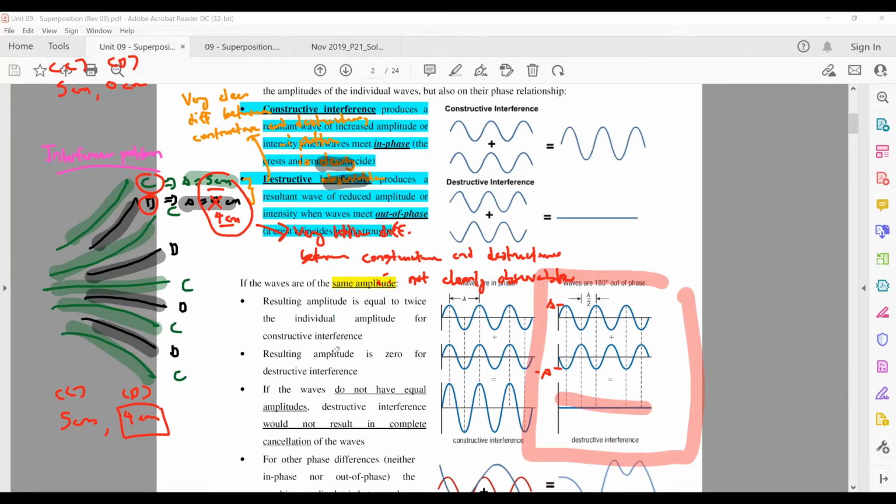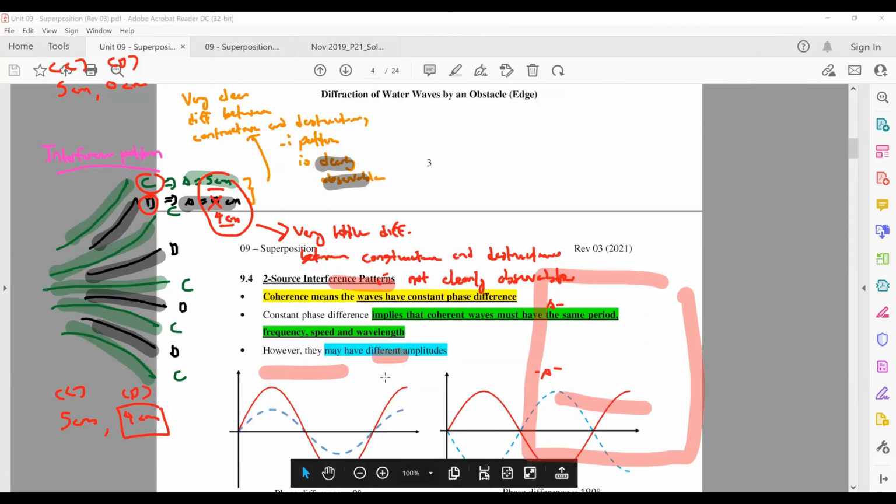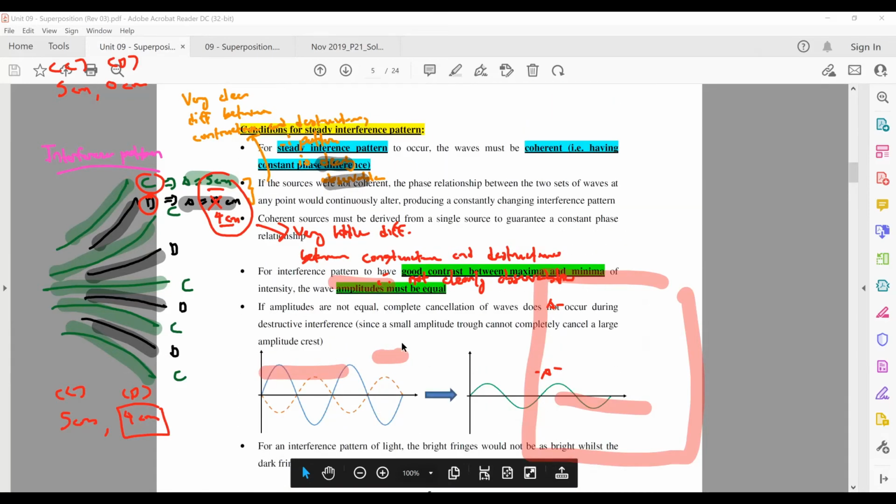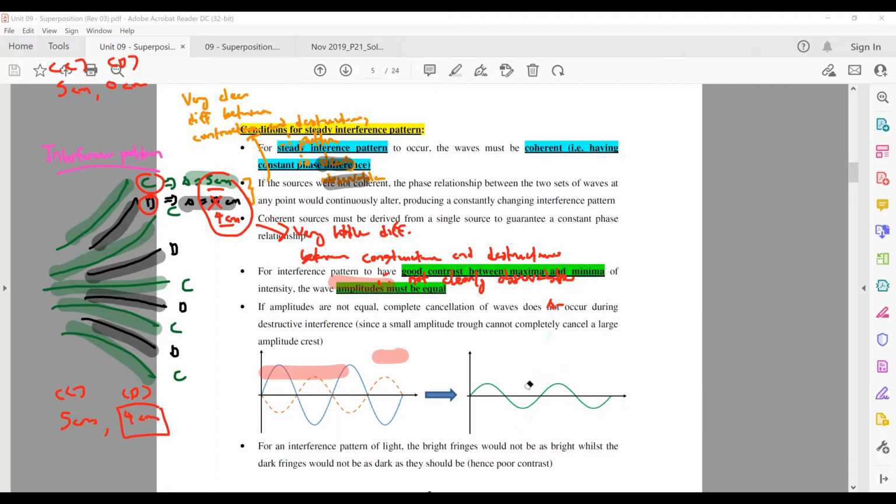So that time I mentioned this in the second page for you. If waves have the same amplitude and they meet destructively, the resulting amplitude is 0, okay? But if on the other hand, they don't have the same amplitude when they meet destructively, you're not going to get complete cancellation. Okay, that one you can see under page 5 of your notes.